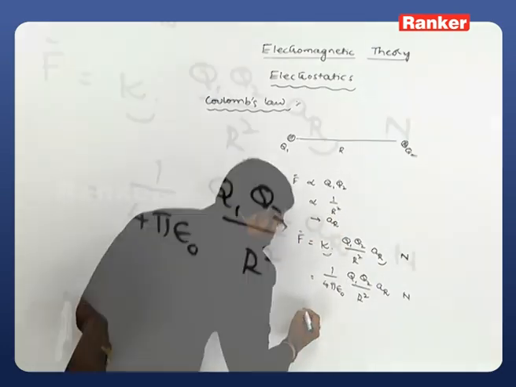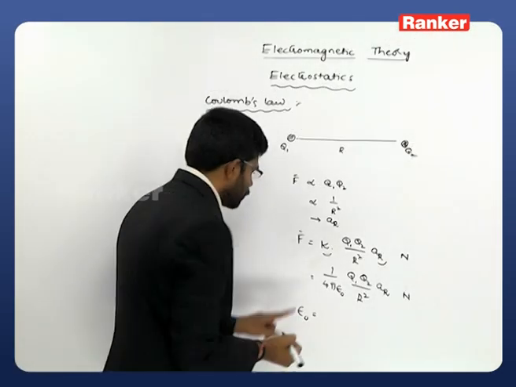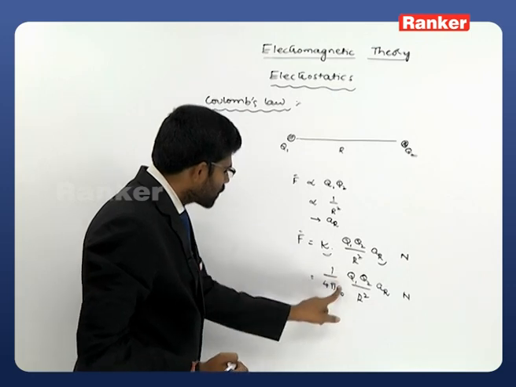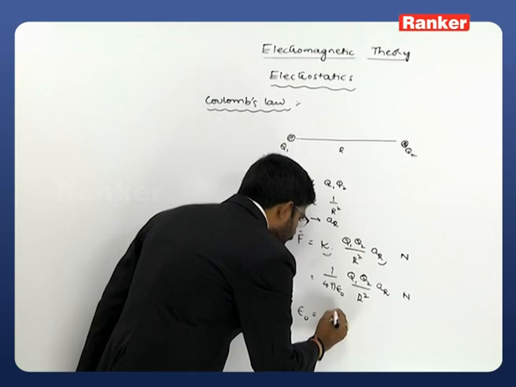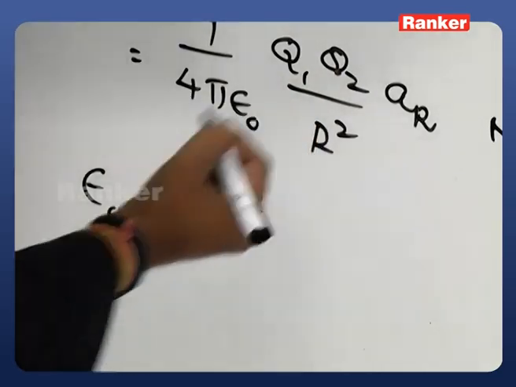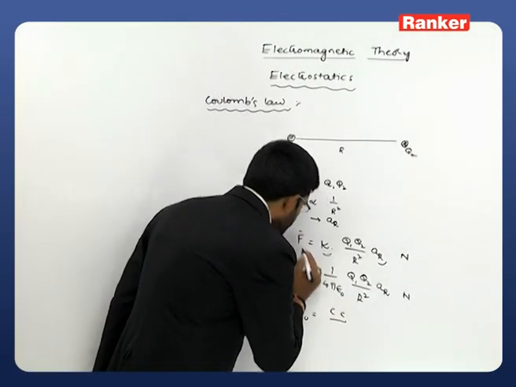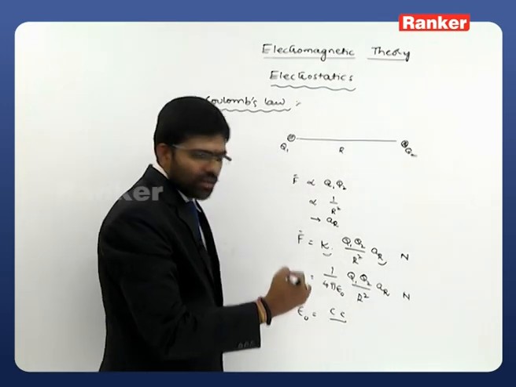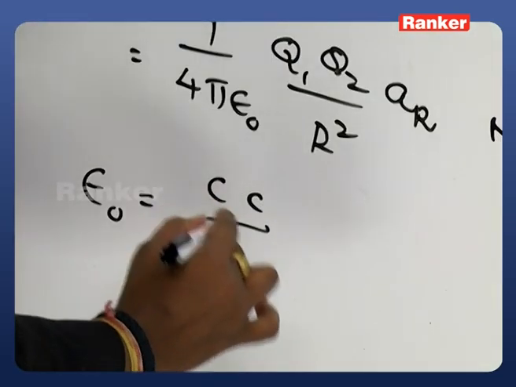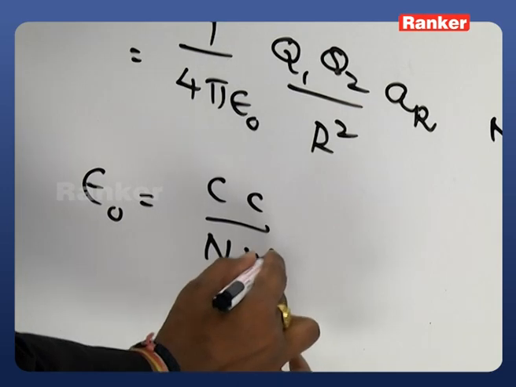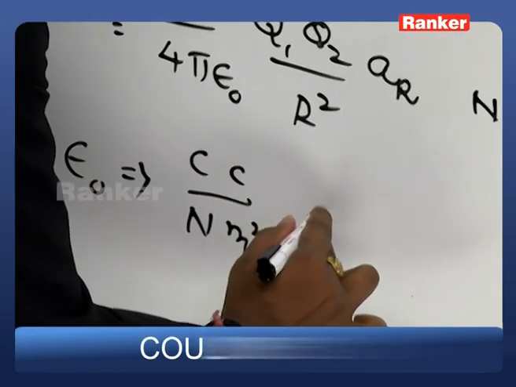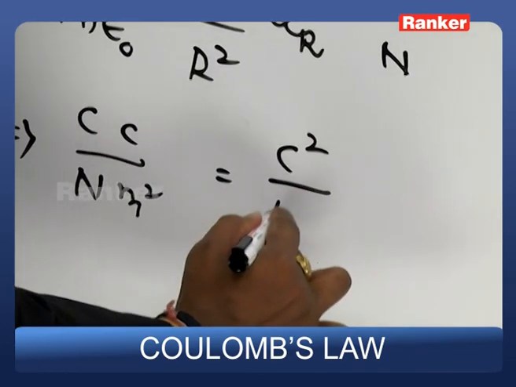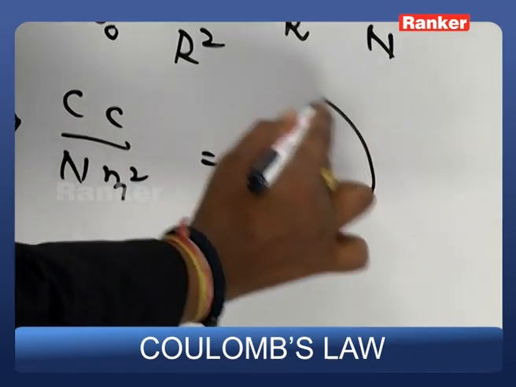So epsilon naught is equal to, taking this 1 by 4 pi as a constant with no units, charge in Coulomb, another charge in Coulomb, divided by, this force comes to the denominator, that is the Newton, and distance square, meter square. So clearly this epsilon naught has units of Coulomb square per Newton meter square.